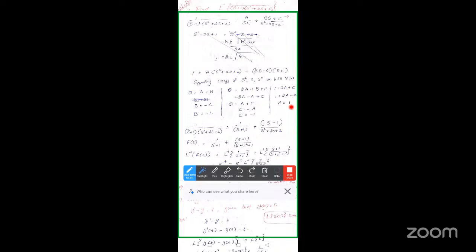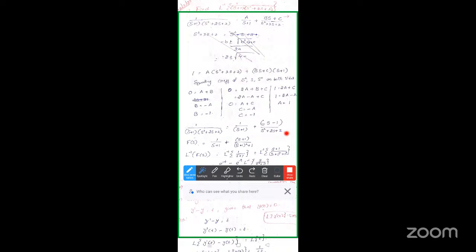A is equal to 1, B is equal to minus 1, C is equal to minus 1. So substitute here: 1 by s plus 1, A is equal to 1, plus Bs plus C, that is B is equal to minus 1, C is equal to minus 1, so minus s minus 1 by s square plus 2s plus 2.